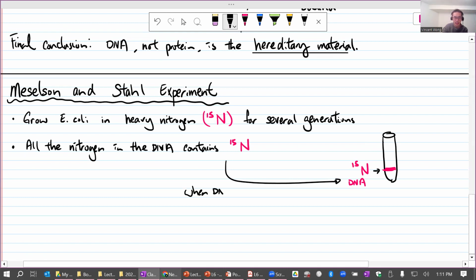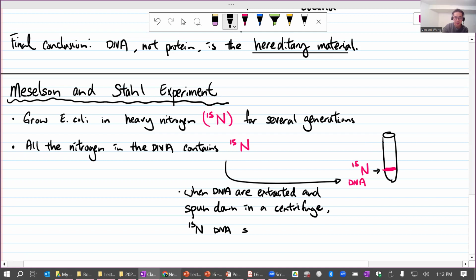When DNA is extracted, separated and spun down in a centrifuge, N15 DNA sinks to the bottom.